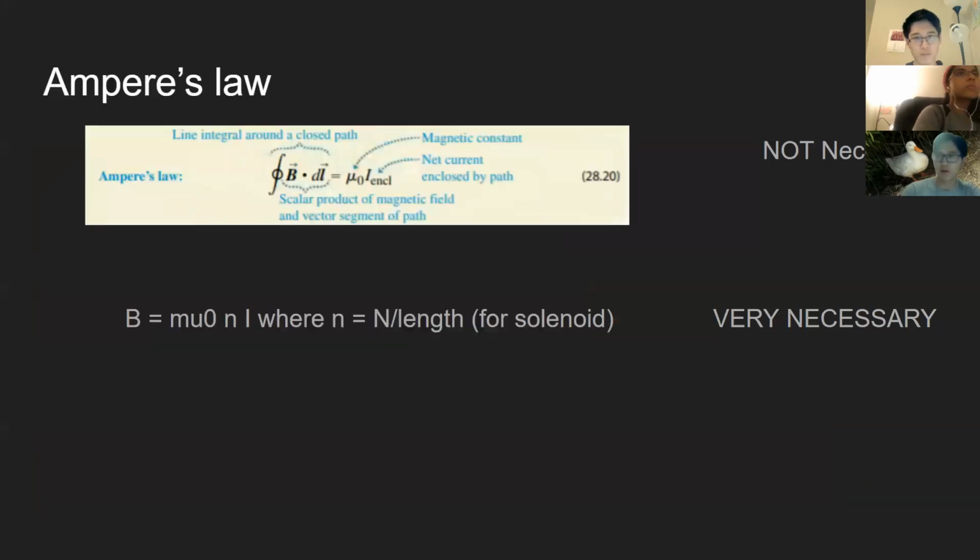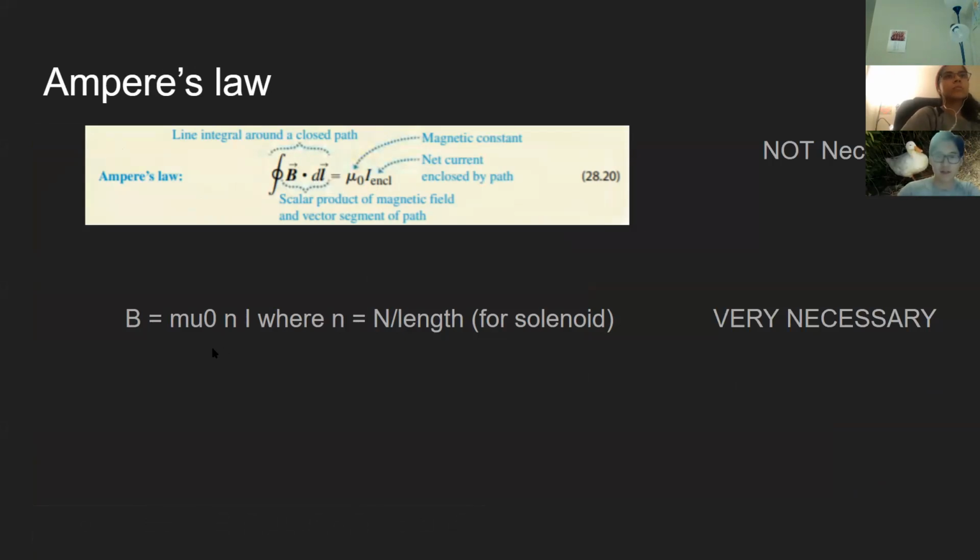Okay, so the next topic they cover is Ampere's law. This one's probably not necessarily the top equation because this is the derivation of Ampere's law. If you look at it, it's very similar to Gauss's law, because I enclosed is similar to the charge enclosed, but we're multiplying by the magnetic constant here. And the dl just means the length that we're integrating around.